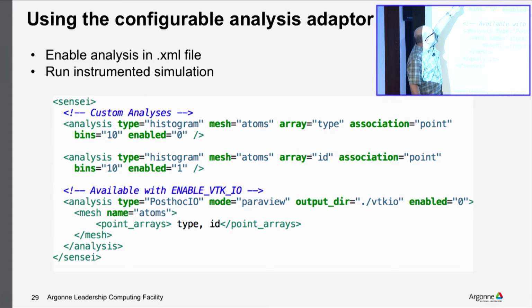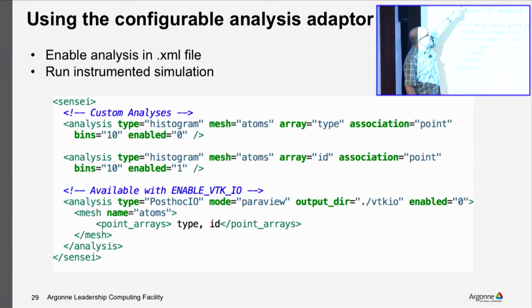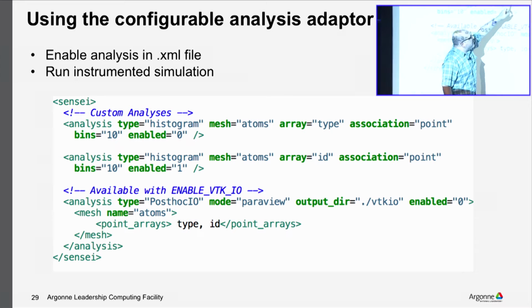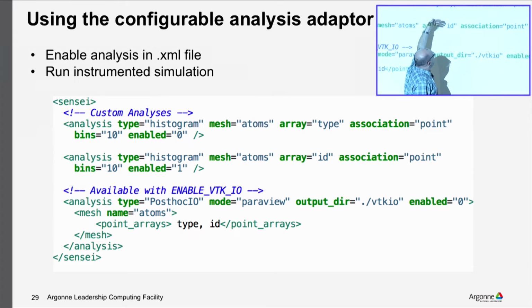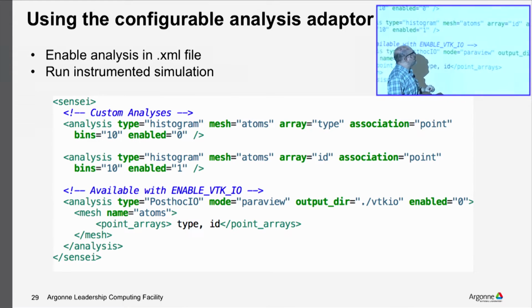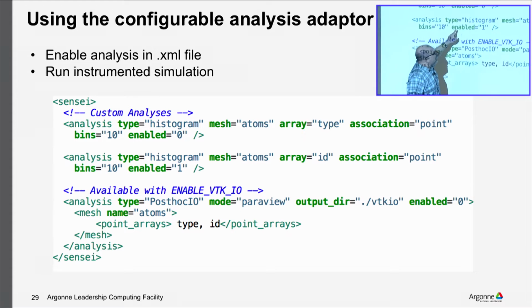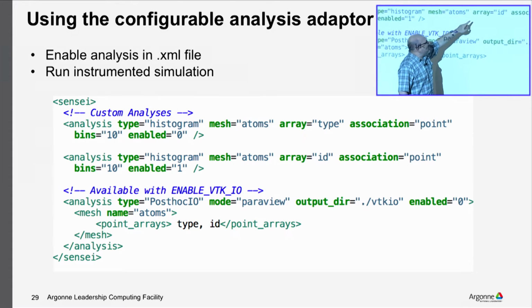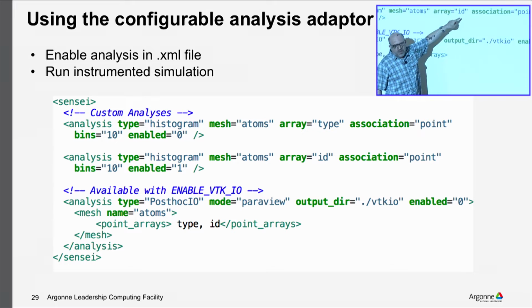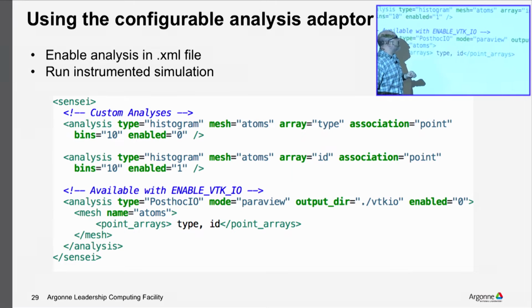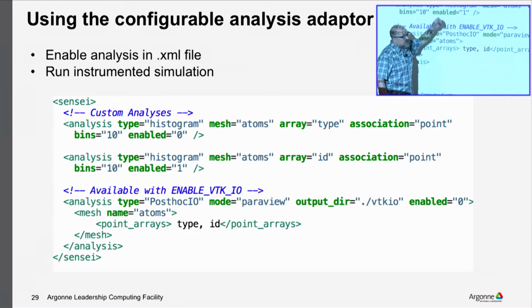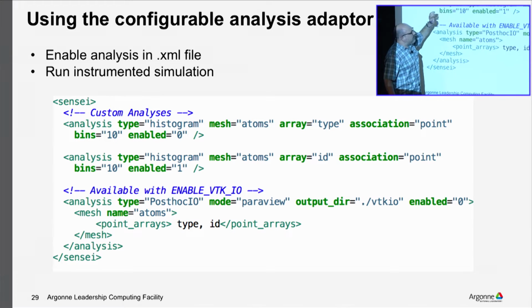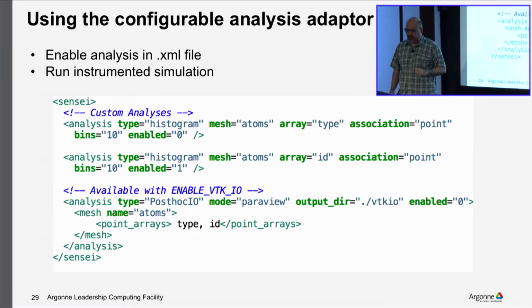But the first entry is, in fact, grabbing the atoms mesh, and the array that it is grabbing is the type, right? So the type of atom. The second case is using, again, the same mesh called atoms, but it's analyzing the particle or atom ID, right? And there's this enabled field. So if you put it at 0, this will not execute. If you put it at 1, it will execute, as you would expect.